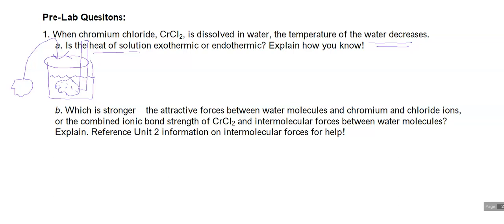So since the temperature of the water went down and the energy went into that dissolving process, the heat of solution is endothermic here. That temperature of the water is going to tell us where that energy is going. Is it going into that dissolving process, or is it coming from that dissolving process and heating up the water? So that's how you want to think of these things.